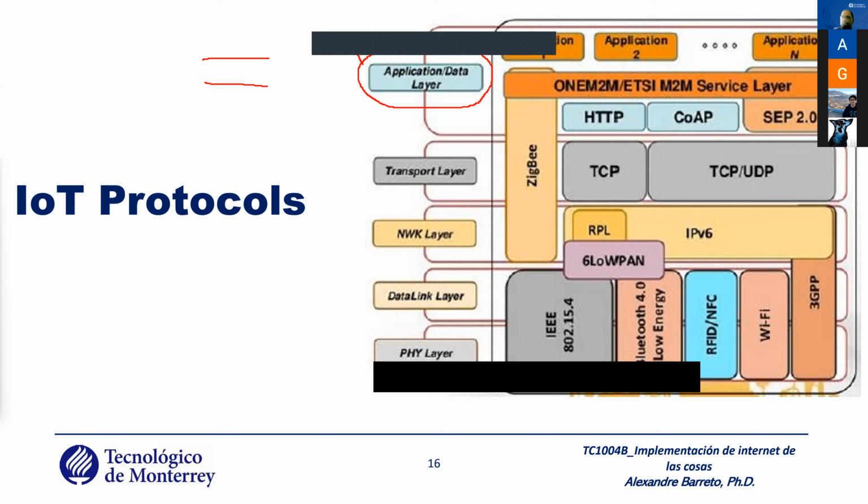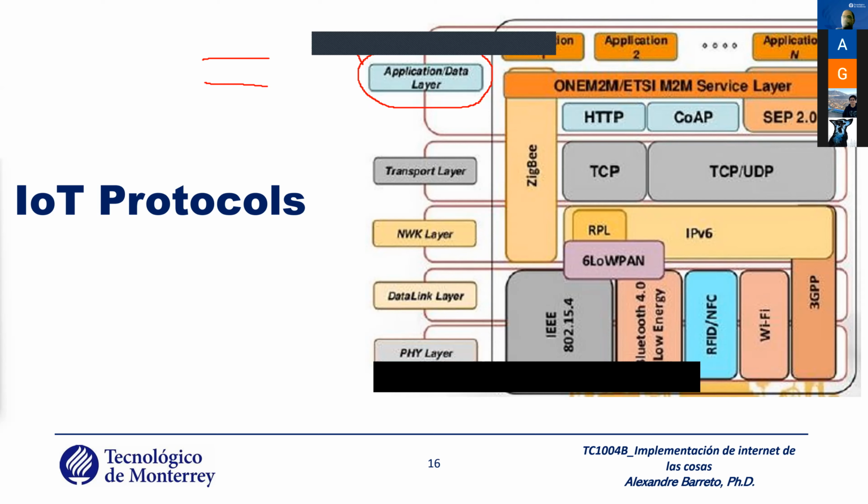If you think in terms of the IoT stack of protocols, you have a group of protocols in the network layer. For example, you have Wi-Fi, Bluetooth, RFID, 3GPP, which is the 4G and 5G protocols, and 6LoWPAN. Then you have the network protocols, for example IPv6 and IPv4. You have transport, with TCP and UDP.